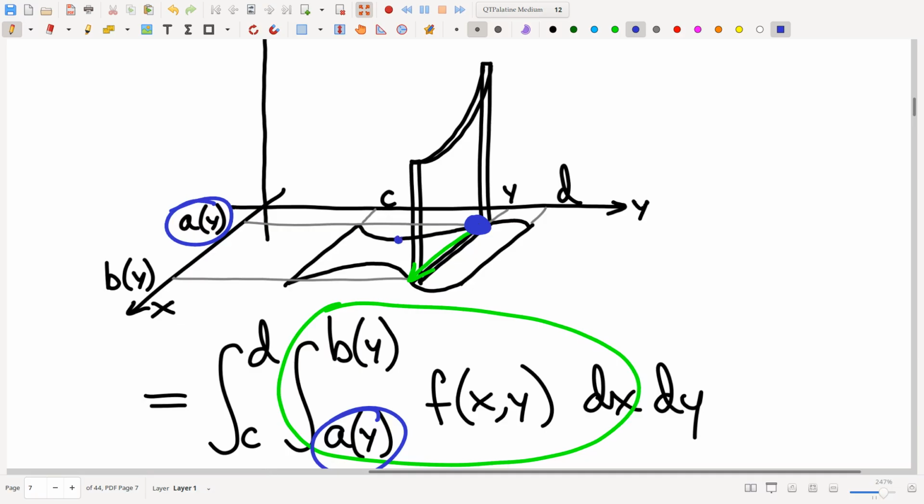For different values of y, I would have a different starting point, which would give me a different x coordinate. And that's just because it's not a rectangular domain, and I can't just go around assuming that this edge here is a straight line. It's just not a straight line because this isn't a rectangle. That's the only thing that's different. Everything else is good.